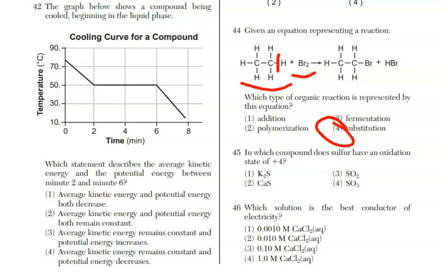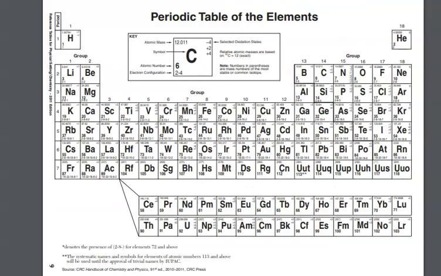For 45, in which compound does sulfur have an oxidation state of +4? In order to figure out sulfur's oxidation state, we have to look at the other atoms around it. In case you didn't know or forgot, oxidation states are on the periodic table. They're in the upper right-hand corner.